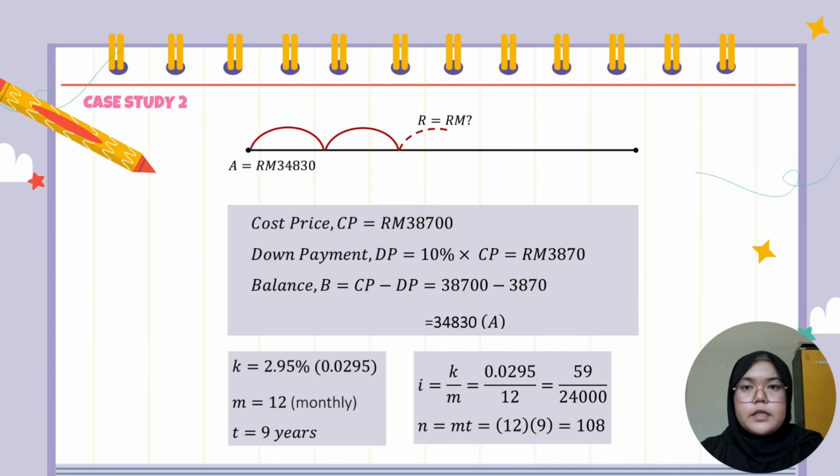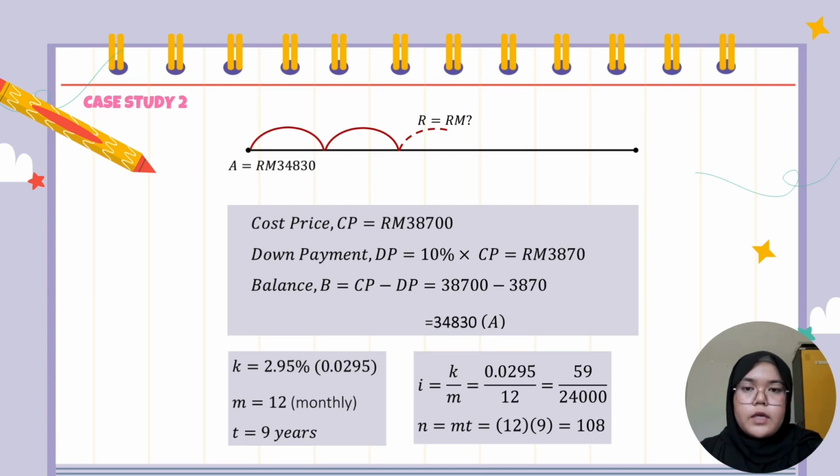So for result and discussion for case study 2, the cost price CP is RM38,700, the down payment DP equals 10% multiplied with CP, and we will get RM3,870. For balance, B equals CP minus DP, and we will get RM34,830.